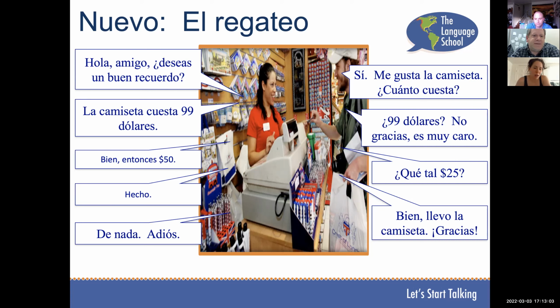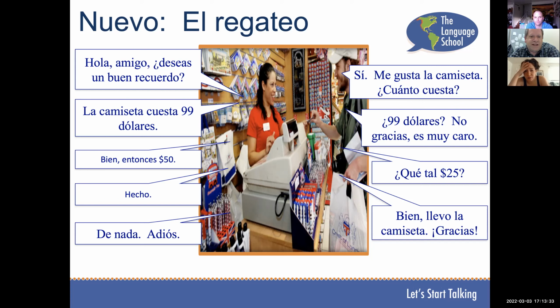La camiseta cuesta... ¿cómo se dice? 99. $99. $99. No, gracias. Es muy caro.